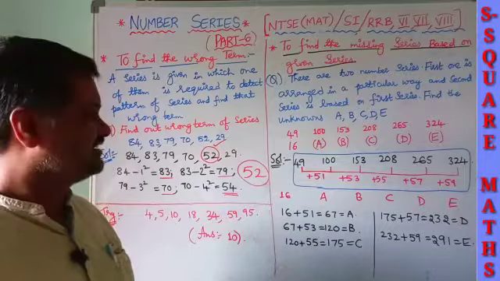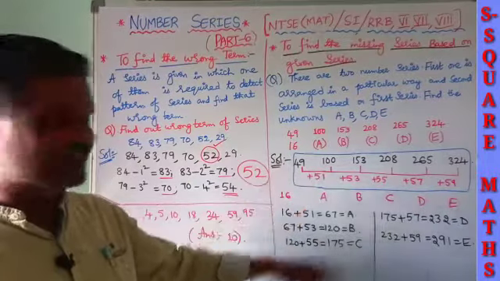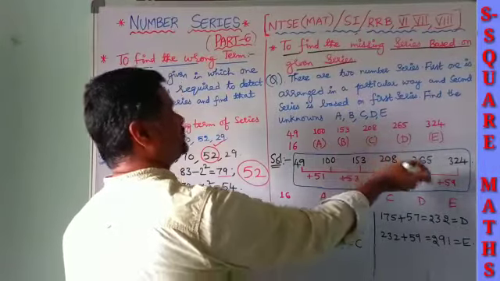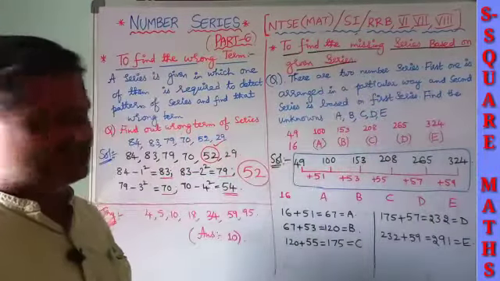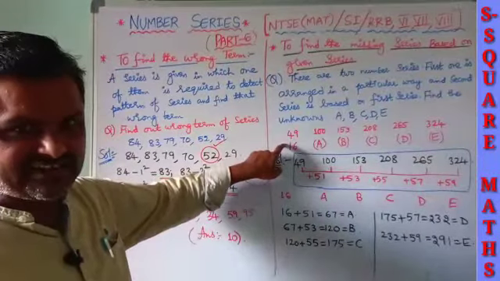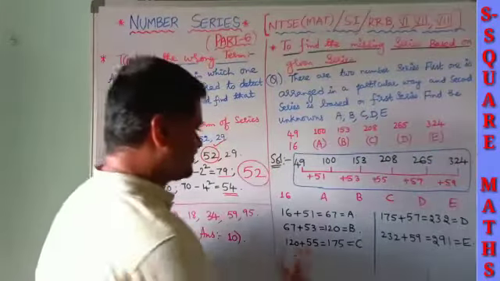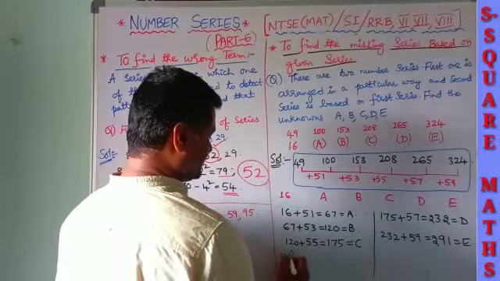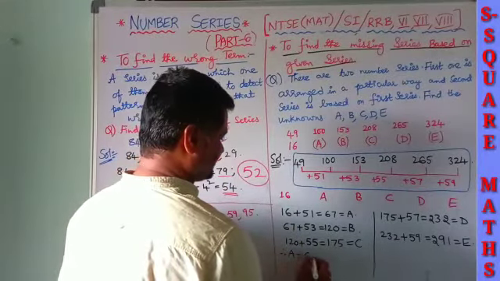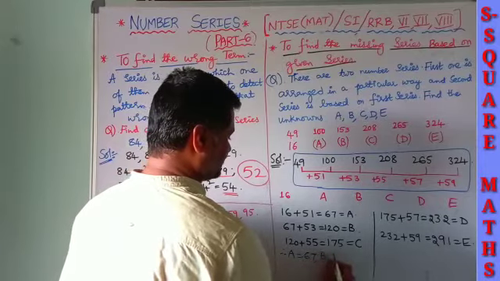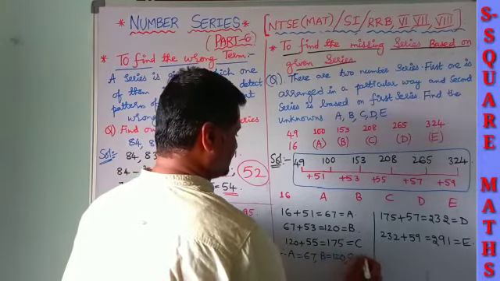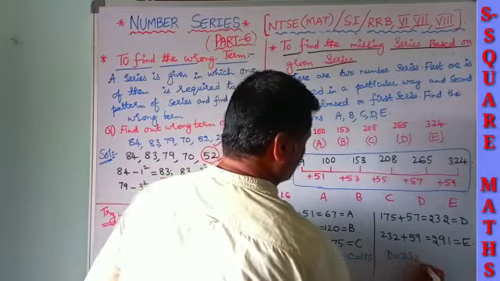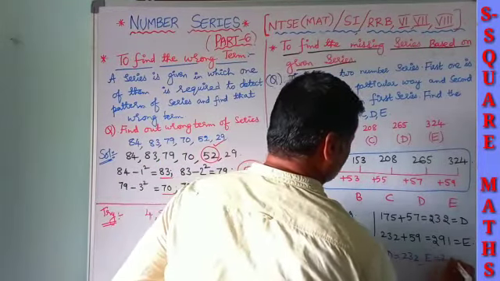In the same way, to get the unknowns A, B, C, D, E, using the first series with the first term of the second series, adding subsequently we got our A, B, C, D, E values. Therefore, A is equal to 67, B is equal to 120 and C is equal to 175. Next, D is 232 and E is 291.